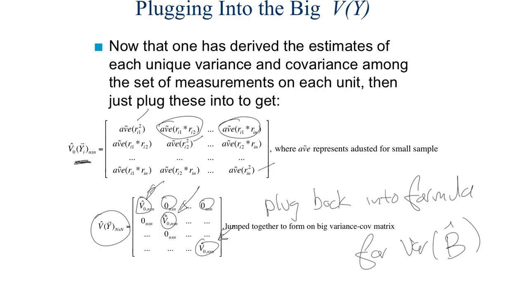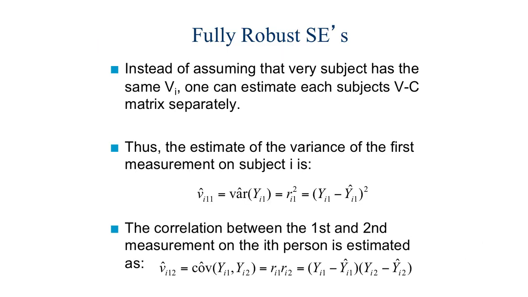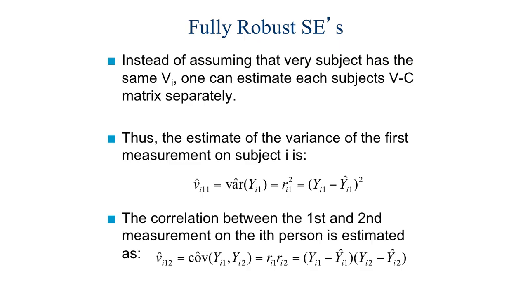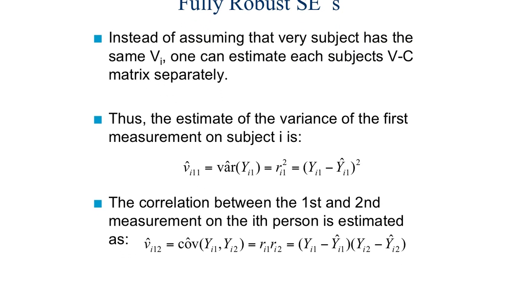So the fully robust, which is the next step, is that for every observation, I just get my variance by taking the residual and squaring it. And I plug that in. And I get every pair of residuals on every pair of persons, multiply them together, and I get my covariance. And so I build that big matrix now, which has different numbers for all the V's.